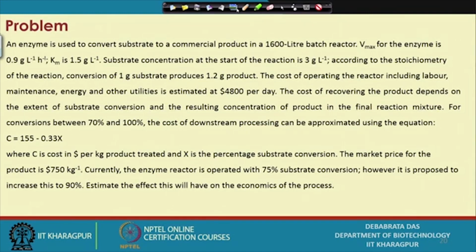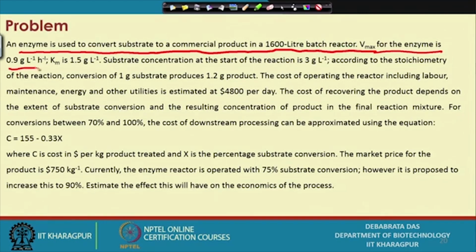An enzyme is used to convert the substrate to a commercial product in a 1600 liter batch reactor. Vmax of the enzyme is given, Km is given, Km is the Michaelis-Menten constant. Substrate concentration at the start of the reaction is 3 gram per liter.